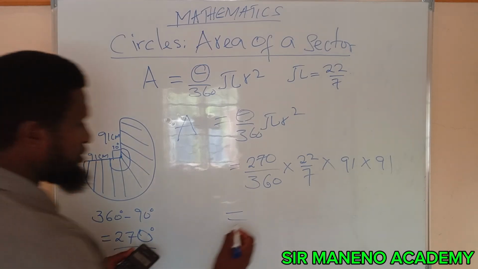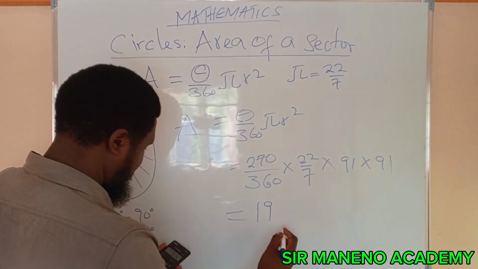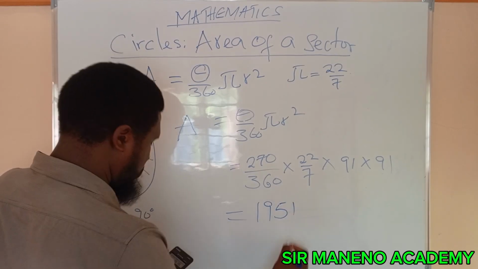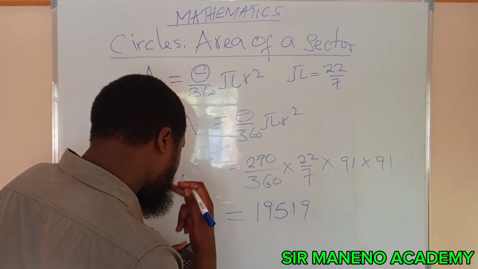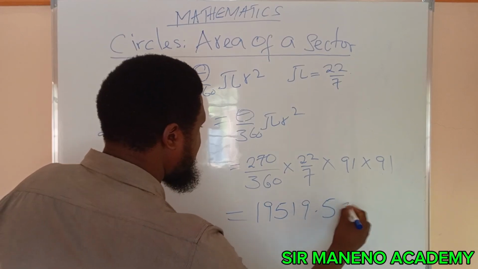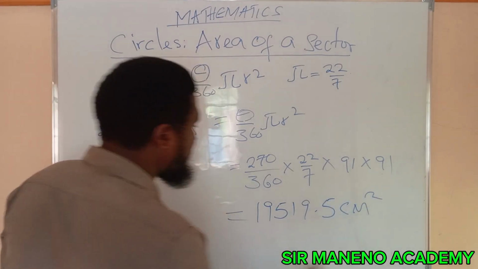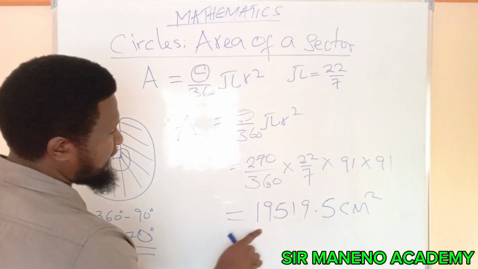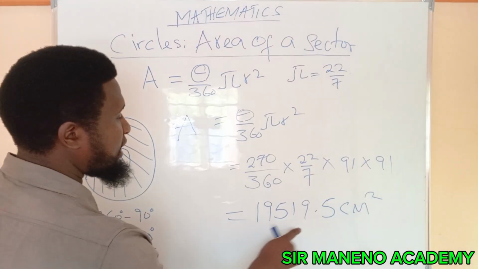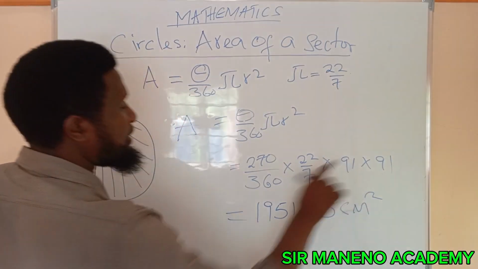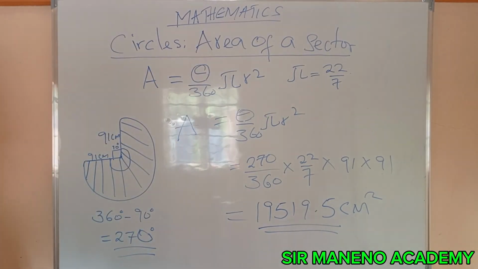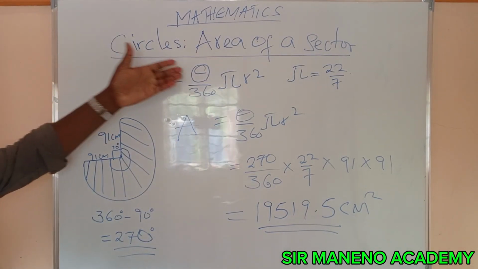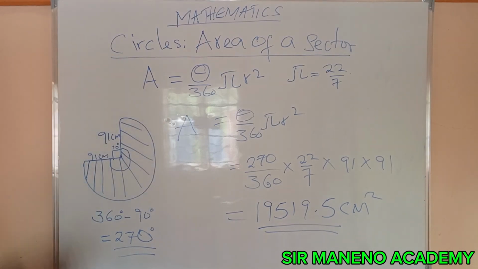So this gives you 19,519.5 centimeters squared. So this is our area. So that is how we calculate area of a sector of a circle.